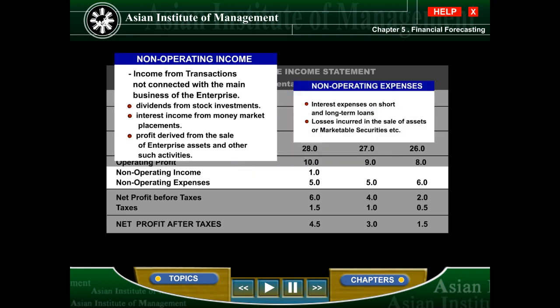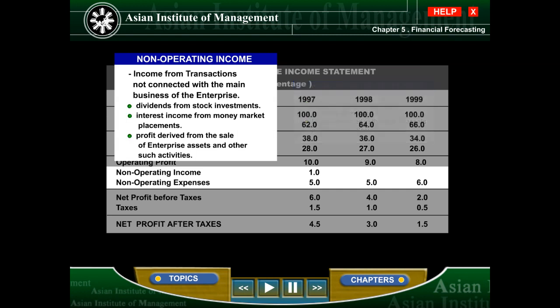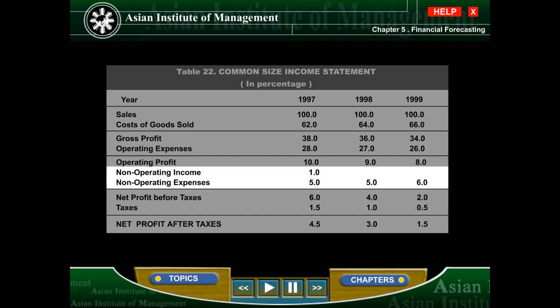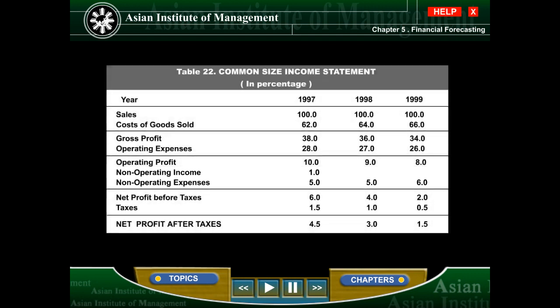Non-operating expenses include interest expenses on short and long-term loans, losses incurred in the sale of assets or marketable securities, etc. The financial forecaster must estimate these non-operating income and expenses based on the investments made or about to be made by the enterprise, and based on loans incurred or about to be incurred by the enterprise.